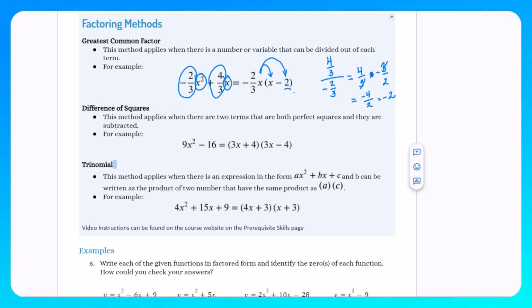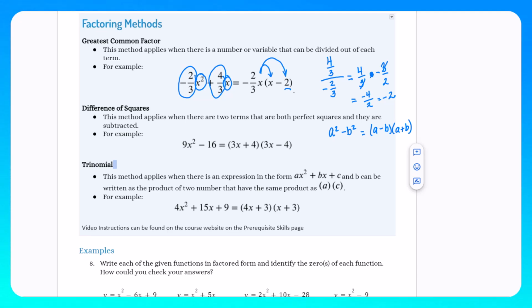Probably one of the harder ones you'll see, especially because of the fractions, but we're going to do more, so don't worry. The second one is the difference of squares. Remember, the difference of squares states that if we have a squared minus b squared, regardless of if a and b are coefficients, numbers, variables, or a combination, this is just going to equal a minus b, a plus b.